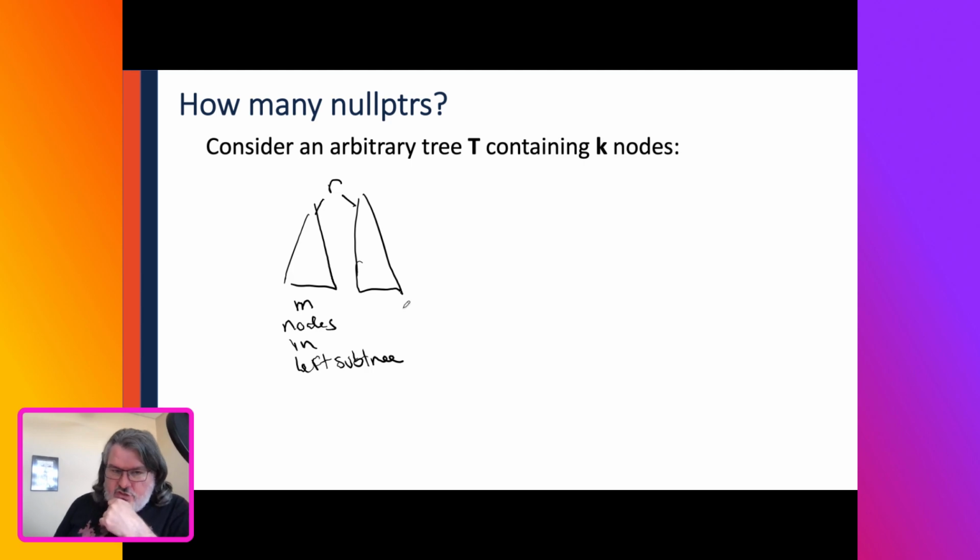How many nodes are in the right subtree? K minus m, is that right? It's very close.